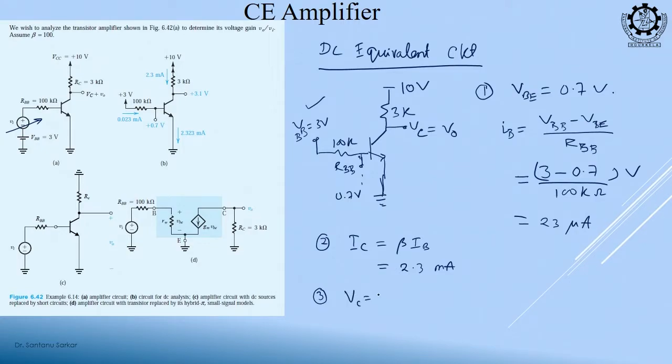What is the equation? VCC minus IC RC. Find out the value: 10 minus 2.3 into 3K. 2.3 actually is milli, so if you write milli into K, they will cancel out.